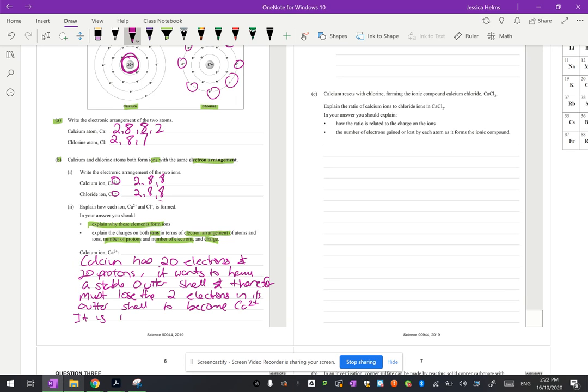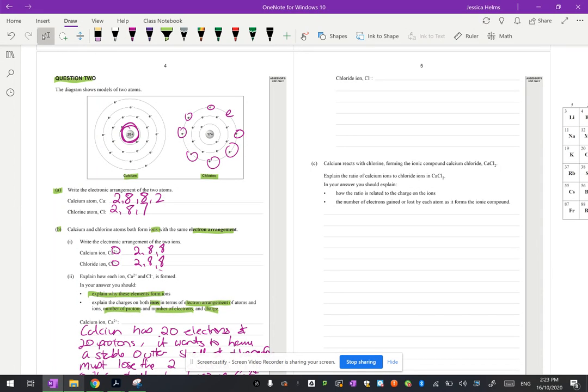It is positive as it has more protons now than electrons. All right, so that's pretty much it, and it has an electron arrangement now of 2, 8, 8, from 2, 8, 8, 2.